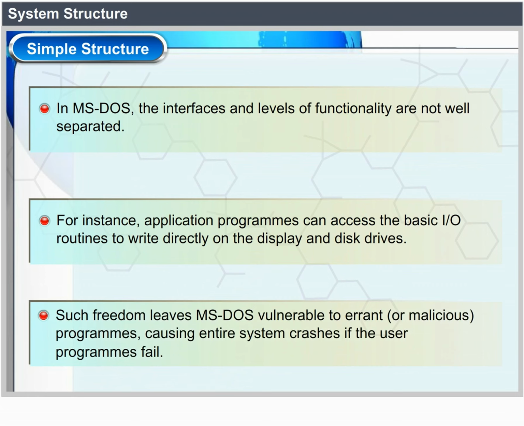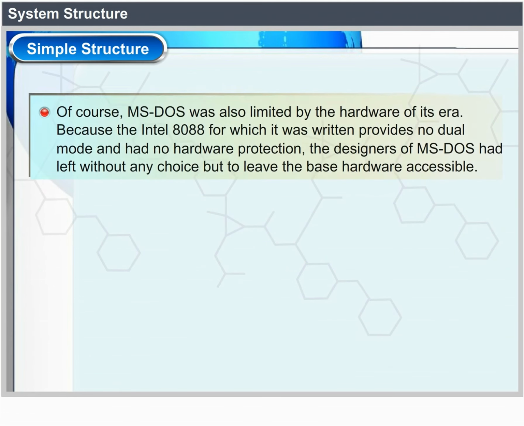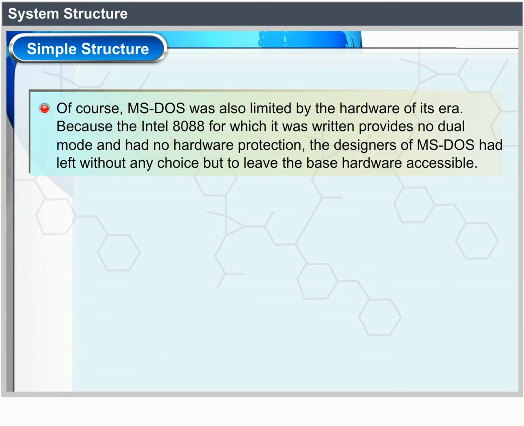Of course, MS-DOS was usually limited by the hardware of its era. Because the Intel 8088 for which it was written provides no dual mode and no hardware protection, the designers of MS-DOS had no choice but to leave the base hardware accessible.